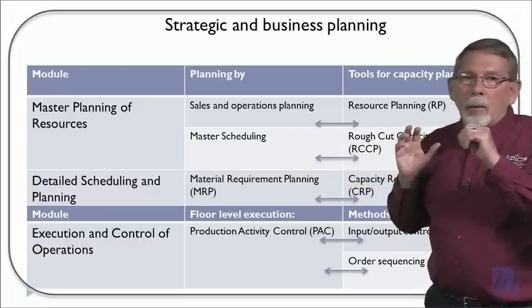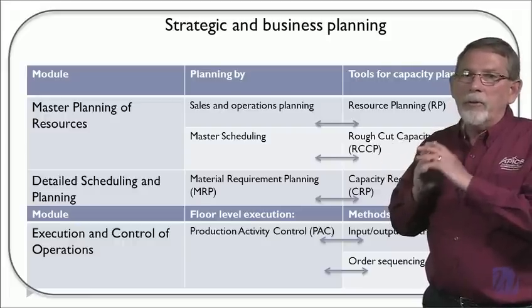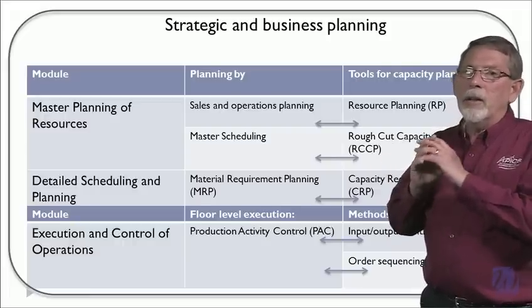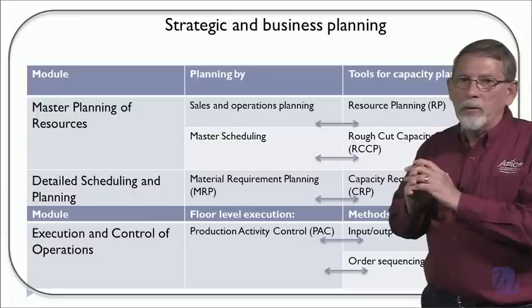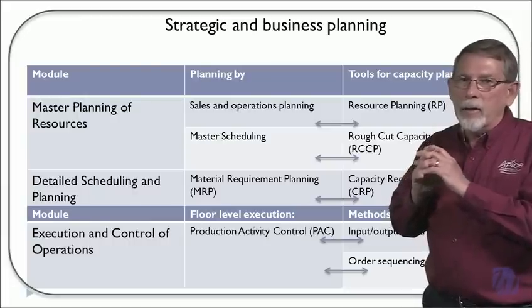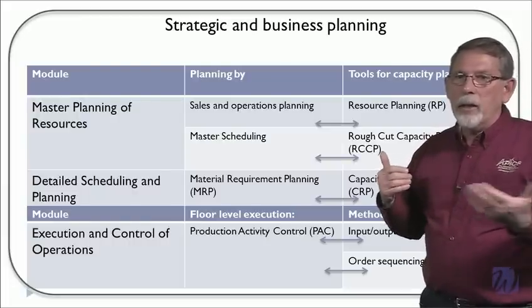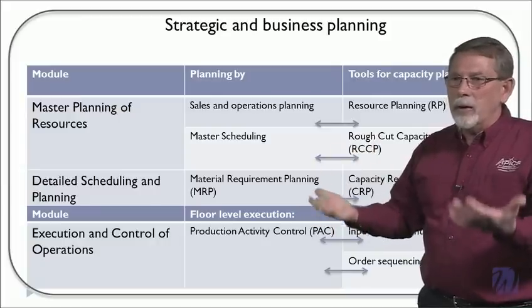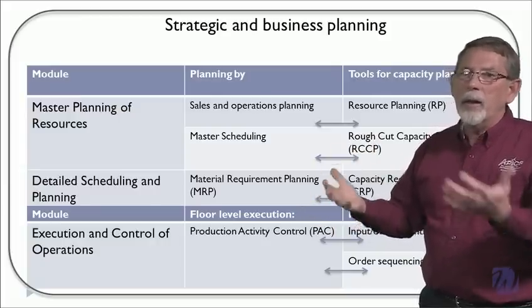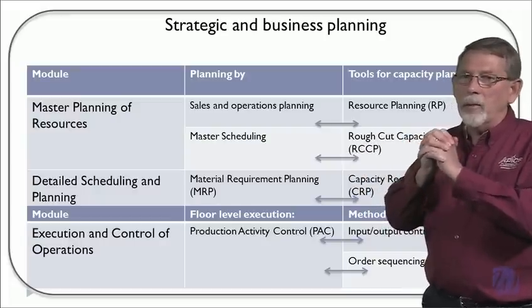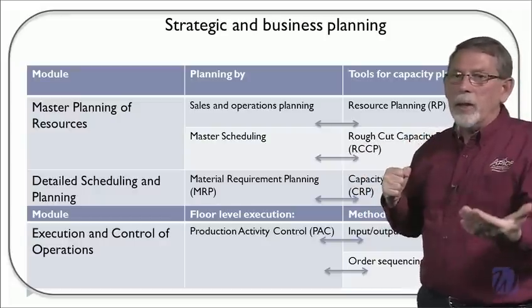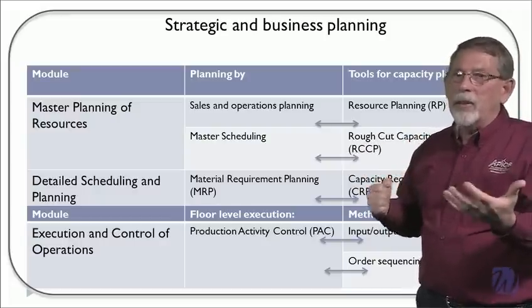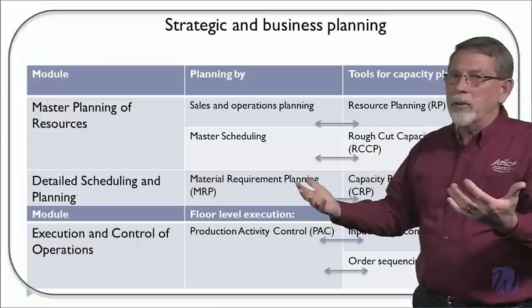So master planning of resources studies the process of sales and operations planning. Sales and operations planning starts with a marketing plan, compares that to what we can do, our capacity, our operations plan, marries the two together, and makes sure that the sales plan is such that operations can actually do that.